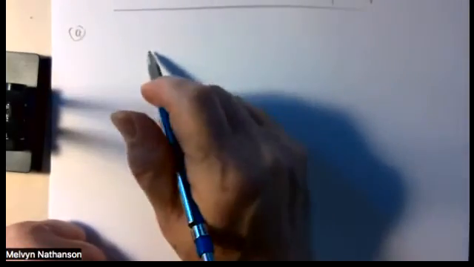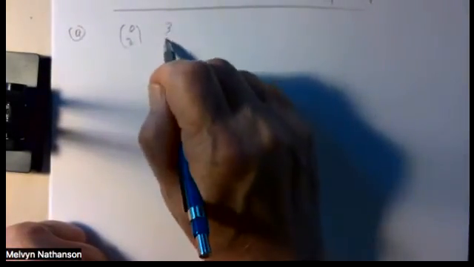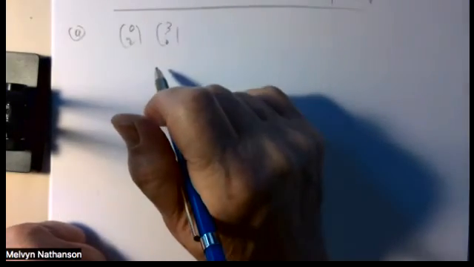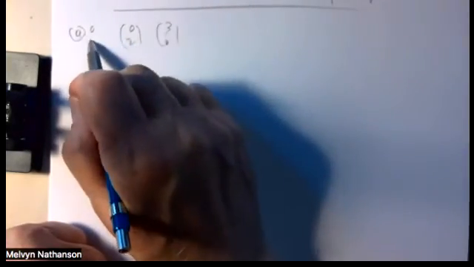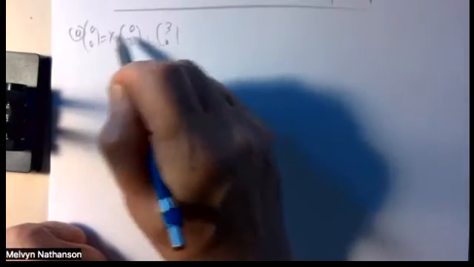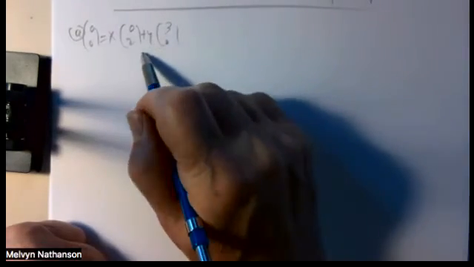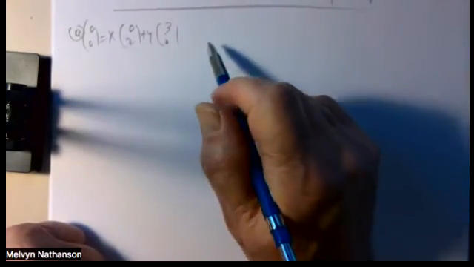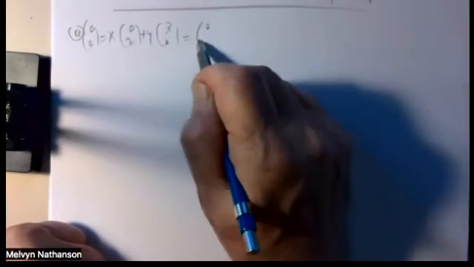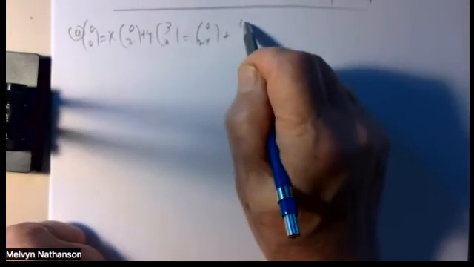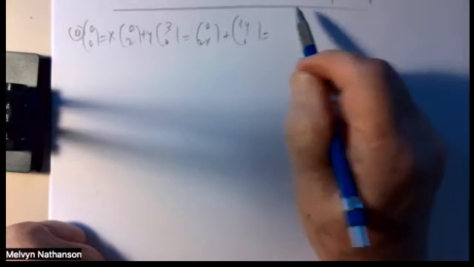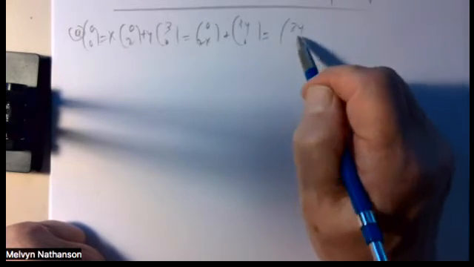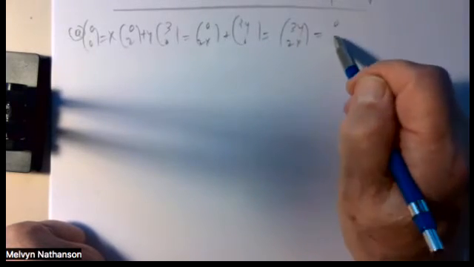So in part A, we have the vectors (0, 2) and (3, 0). So suppose you can write the 0 vector as some linear combination of these two vectors. That this is (0, 2x) plus (3y, 0). So this is the vector (3y, 2x).